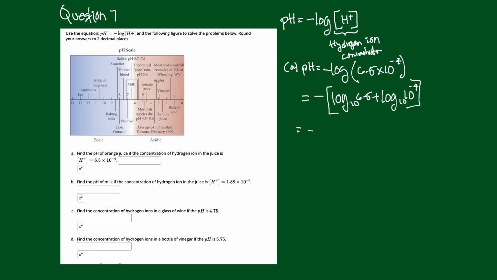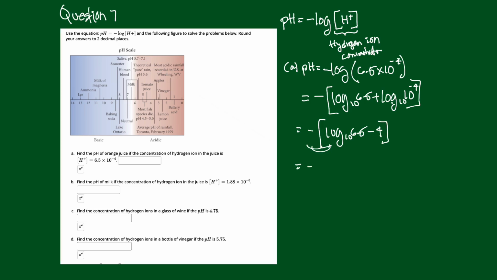Now you remember what happens here? You have the logarithm, and when the bases match, you just get the exponent, because what you're asking is, what exponent would I put on that 10 to get 10 to the negative 4? Well, negative 4, of course. So when you have the bases matching, you just get the exponent. So this is going to be minus 4.